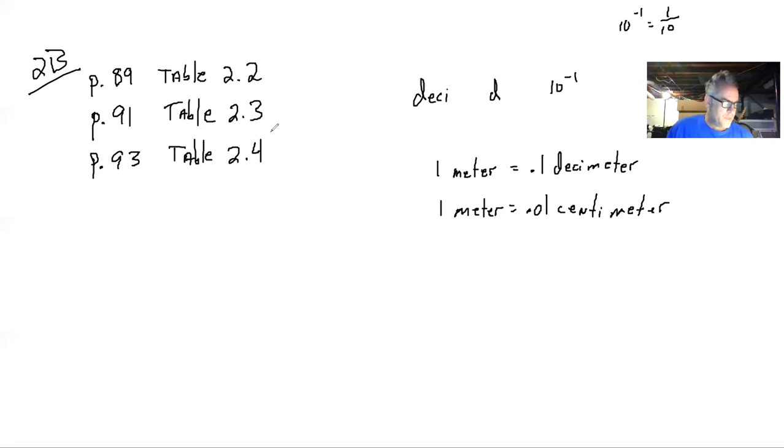All right. So again, energy is what makes matter move or heat up. Power is the rate at which energy is used. And energy is measured in joules.